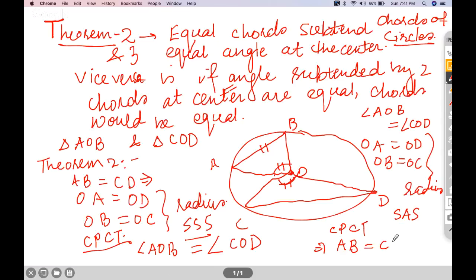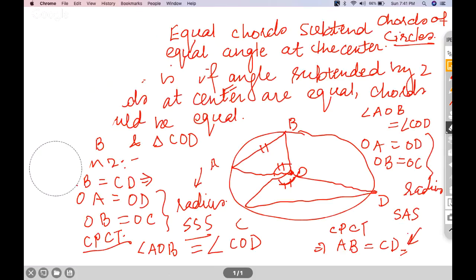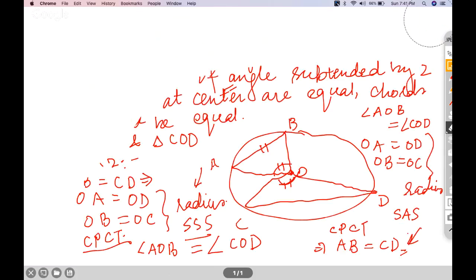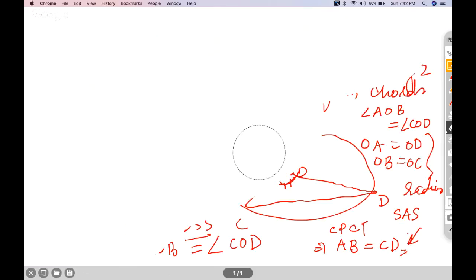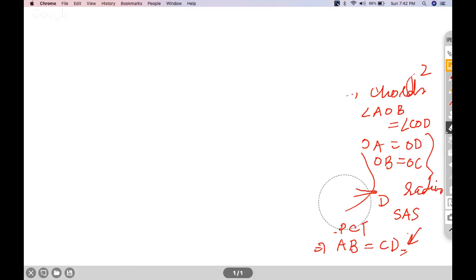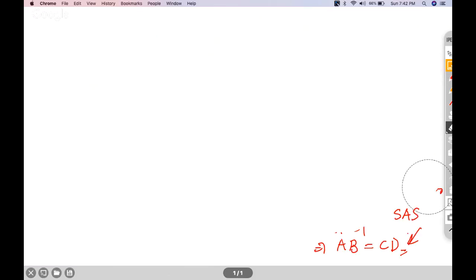So AB is equal to CD. So in one case you have side congruency, in the other case you have side angle side congruency. So these were theorems 2 and 3. If at any point you are not understanding any question or any theorem, please write it down in the chat box. Theorem 2 and theorem 3 I have already proved.